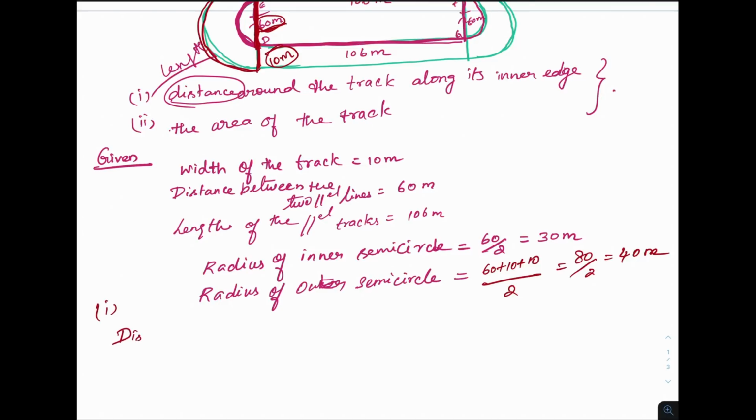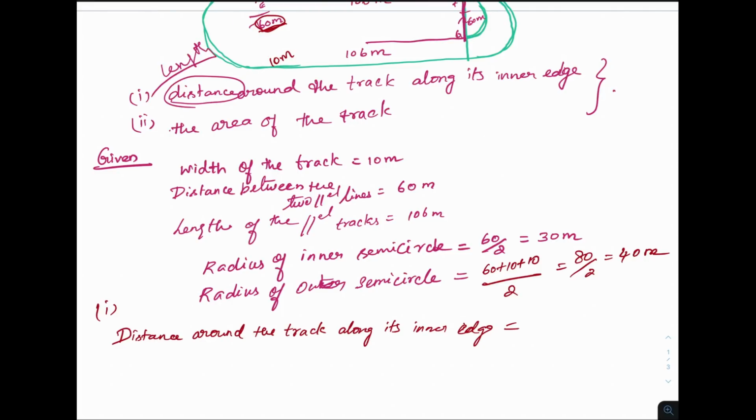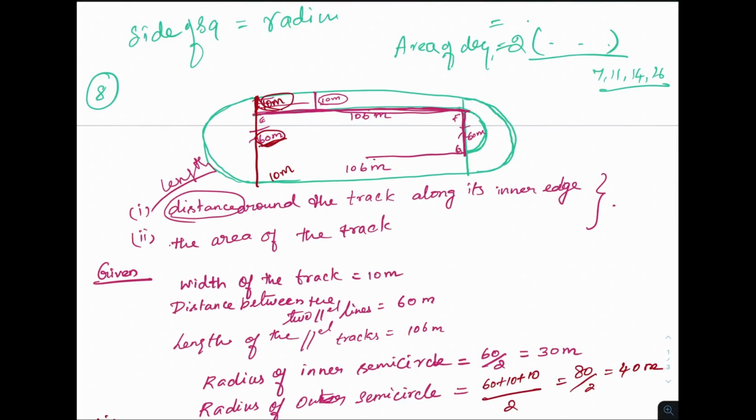First subdivision is distance around the track along its inner edge, that is equal to the length of the track.